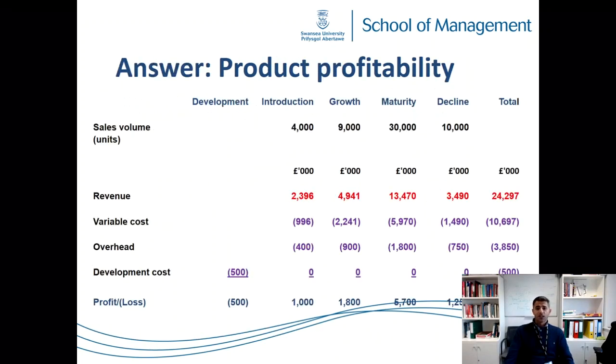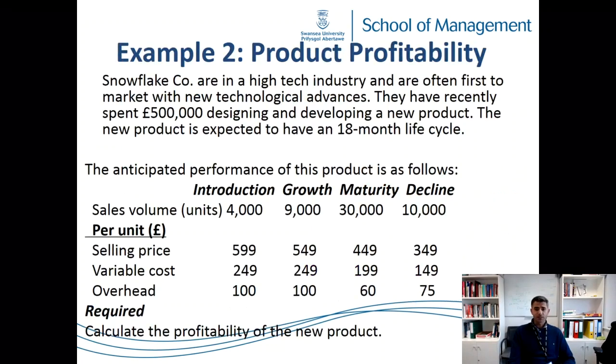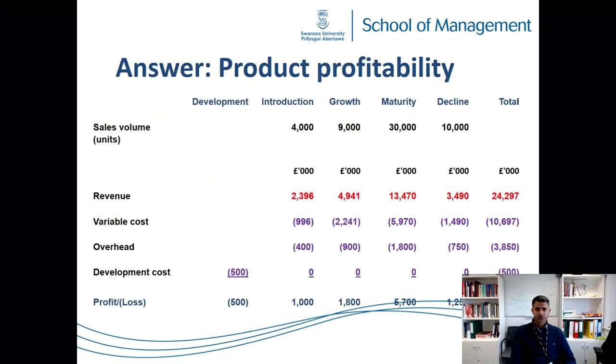Right, let's have a look. If you look here at the answers, you will see that at the development stage they spent 500,000. So this is a loss of 500,000. Introduction: they sold 4,000 units, so you multiply 4,000 units by the selling price per unit, 599, and the answer is 2,396,000.